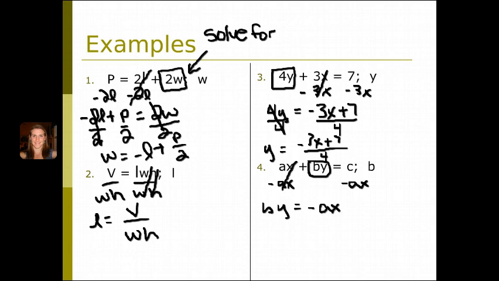I'm trying to get b by itself. Y is being multiplied by b, so I have to divide everything by y. My y's cancel, and I'm left with b equals negative ax plus c all over y.